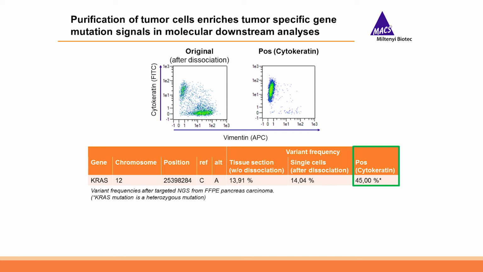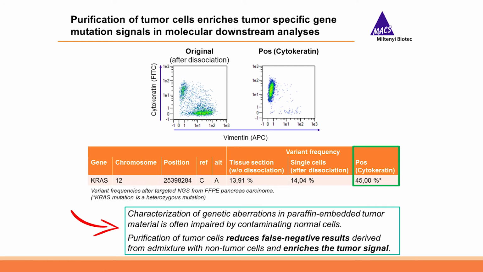In other words, if you find a variant frequency of KRAS of 45%, it means 90% of your cells are harboring this mutation. So if you take now in mind that we have a purified carcinoma population of more than 90%, we found this KRAS mutation in almost every tumor cell.